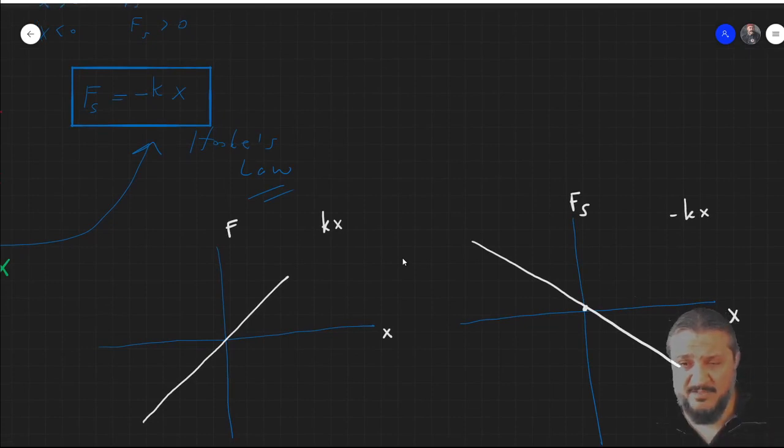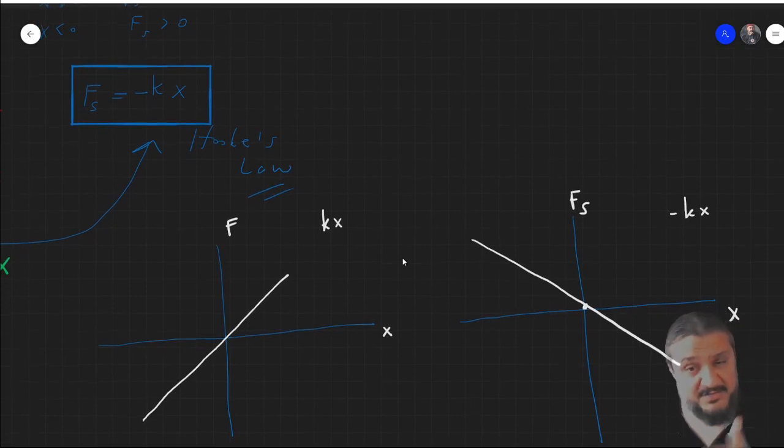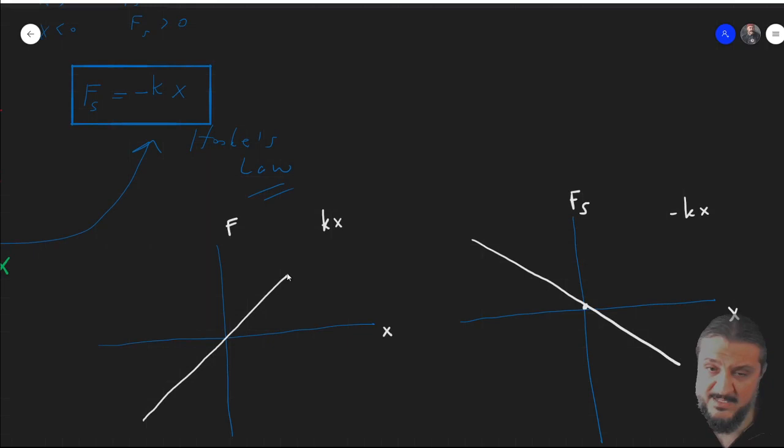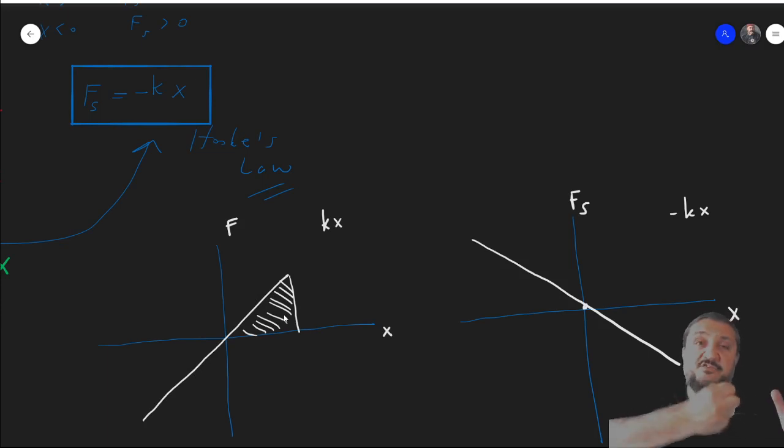So if you think about it, why did I bring this up? We were trying to find the work done by forces that vary along the x direction. So now we may need to consider the area of a triangle here if I'm stretching the spring.